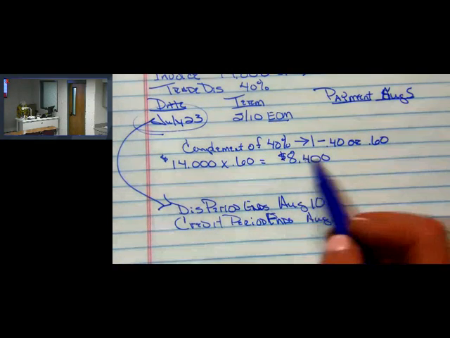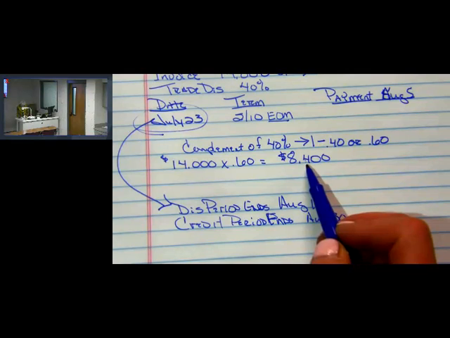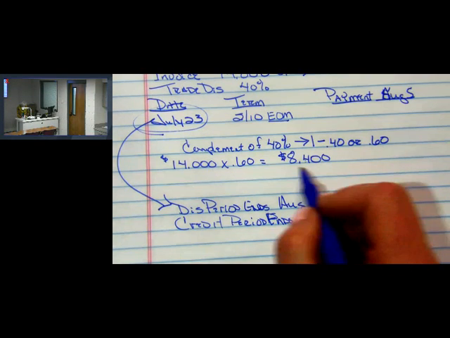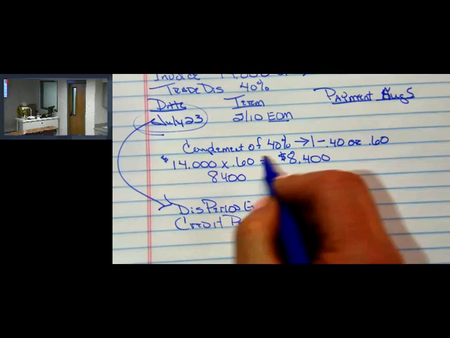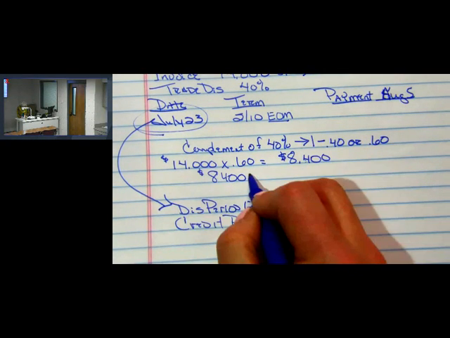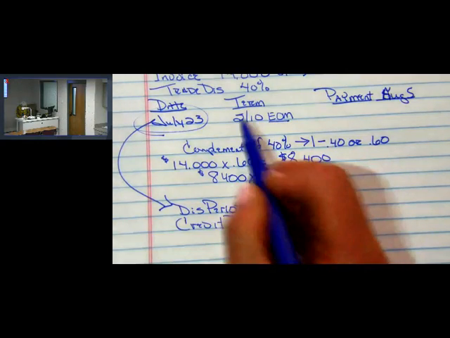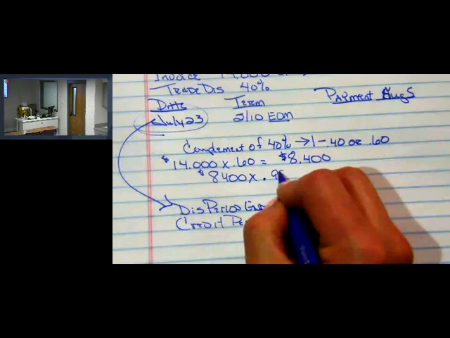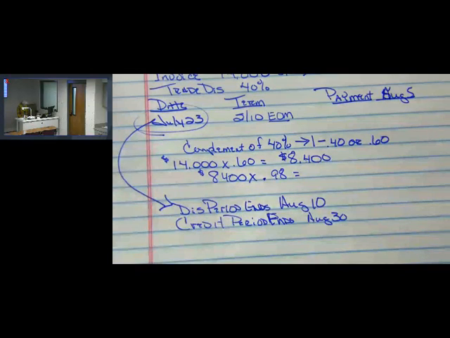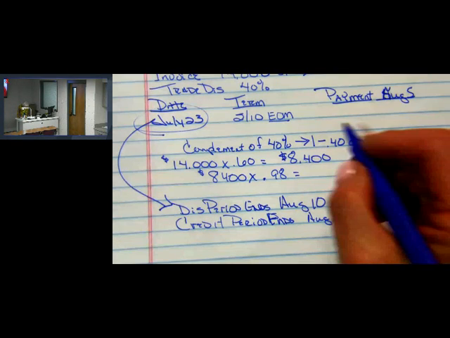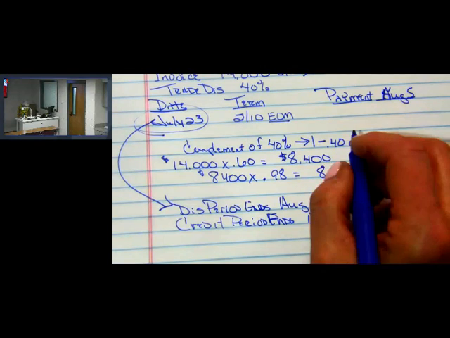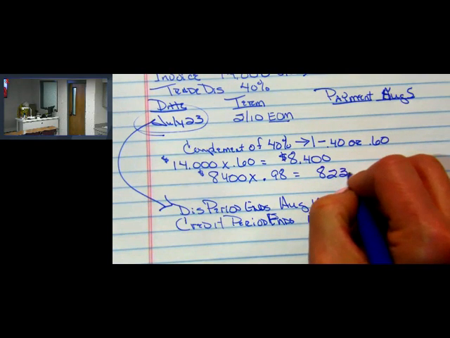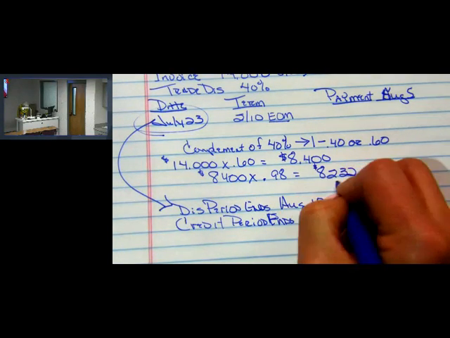Yes, he did. So here's our new list price of $8,400. Take this $8,400, that's his new net, times the complement of that discount, or 0.98, right? And if you take $8,400 times 0.98, we know that he owes them now $8,232.